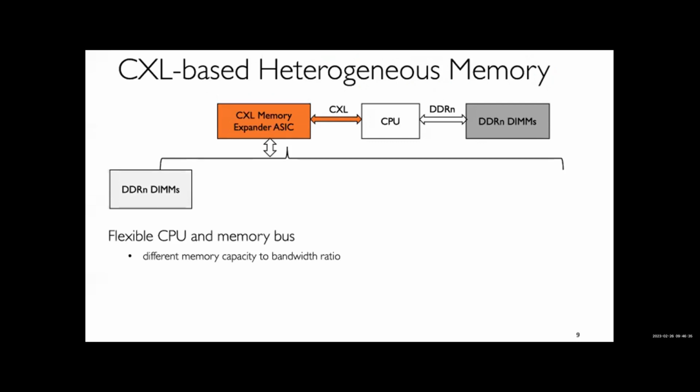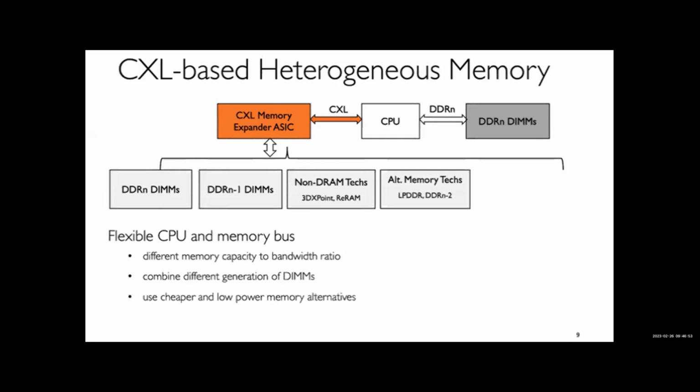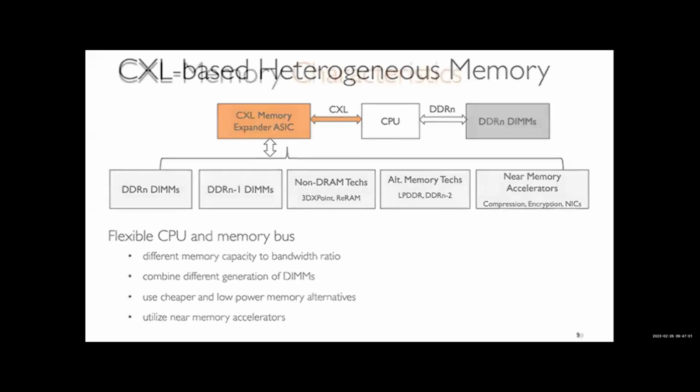You can run DDR5 on the newer CPUs, while your earlier generations of DDR2 or DDR3 can also be connected to the CXL interconnects, and it can reduce the TCO of the data center and also may reduce the power consumption. And we can also add cheaper and low power memory technologies in parallel to the DDR ones. CXL also provides the opportunity of near memory computation through attaching multiple accelerators.